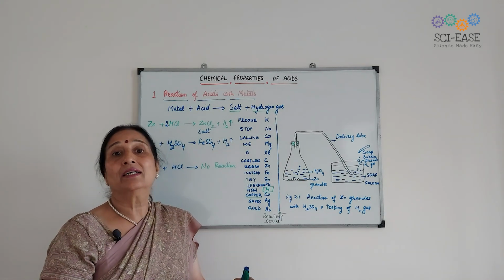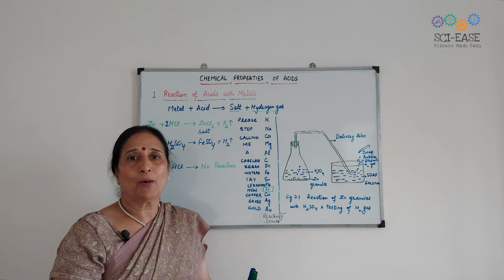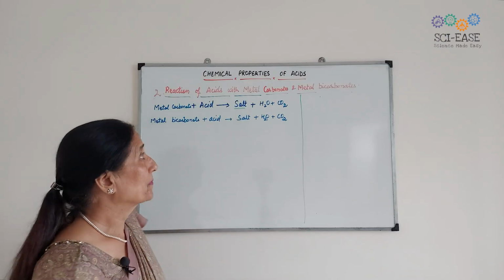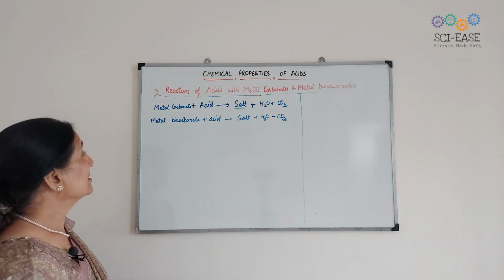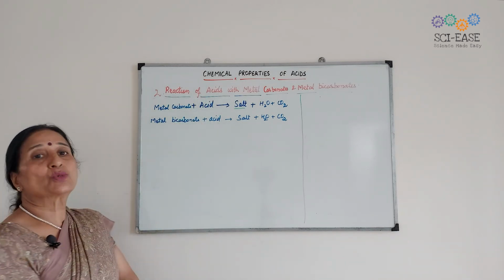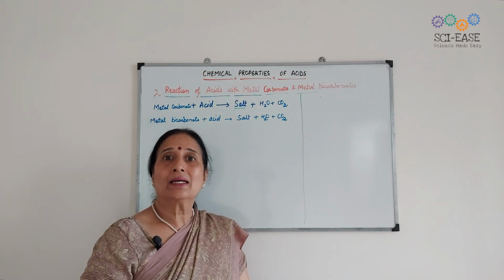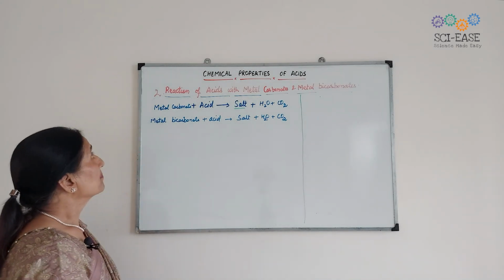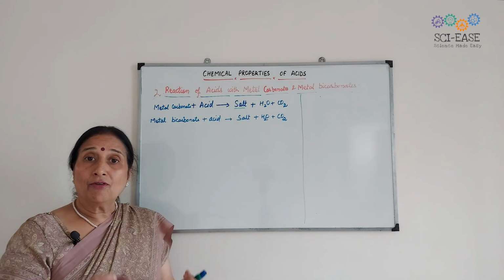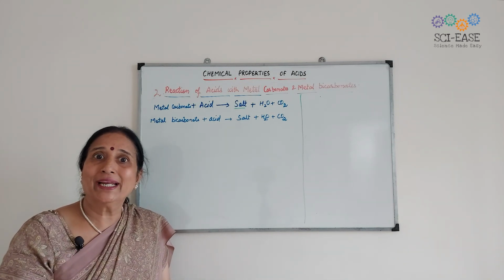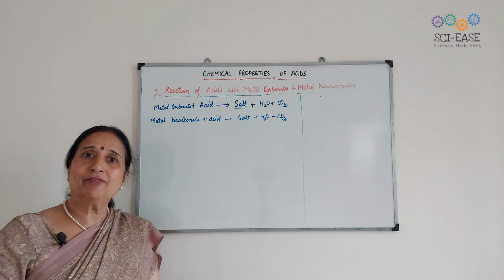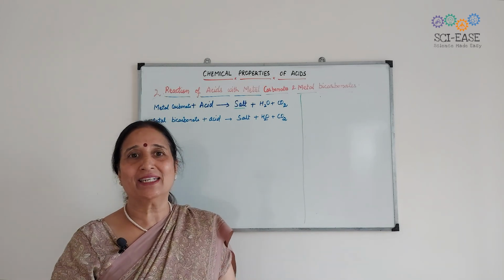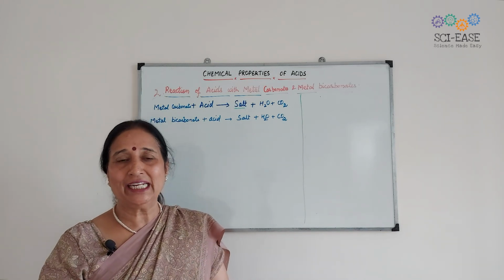Now we will take the second chemical property of acids, which is the reaction of acids with metal carbonates and metal bicarbonates. Here, first you should know what carbonates are. You must have heard of sodium carbonate, calcium carbonate, magnesium carbonate.